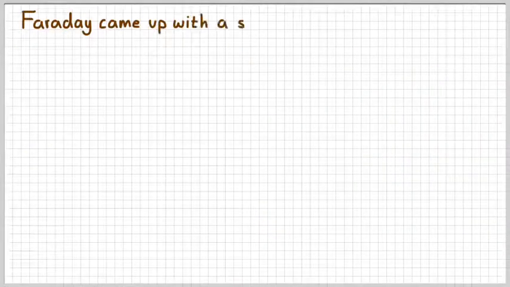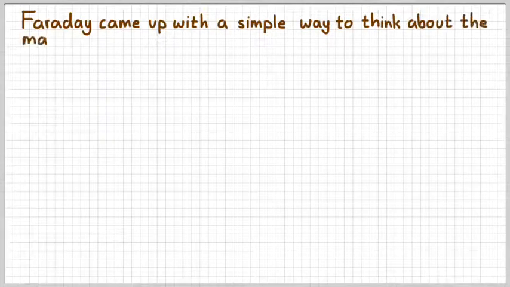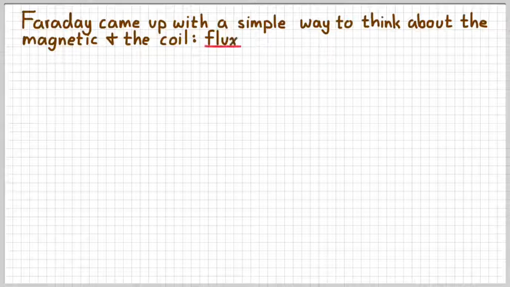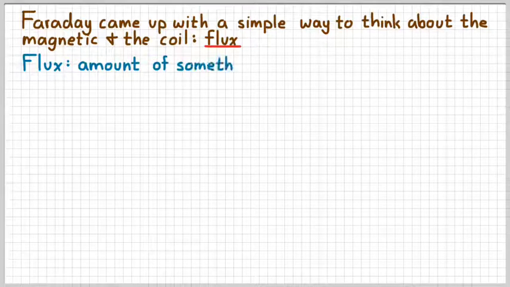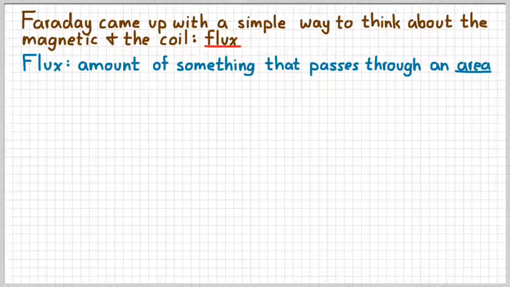Okay, so Faraday came up with a relatively easy and simple way to think about the magnet and the coil. And he coined this idea, the term flux. The basic idea behind flux is it's the amount of something that passes through an area. Keyword being area.